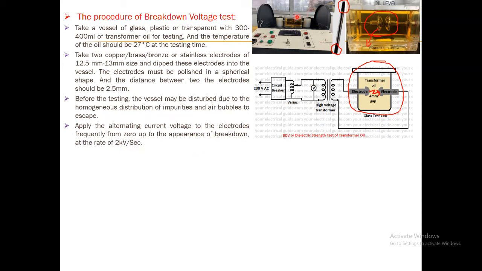When you place this toggle switch onto the raised position, the voltage is increased until the breakdown is initiated. That rate of rise of voltage is 2 kilovolt per second. At the breakdown, the circuit breaker will trip and the breakdown voltage should be noted.